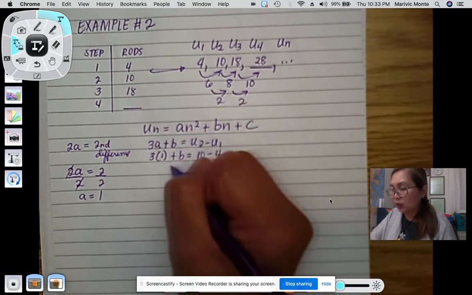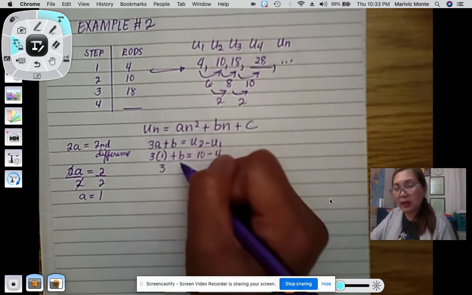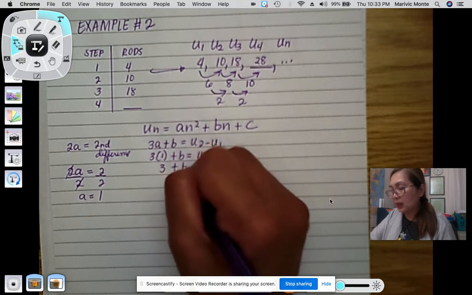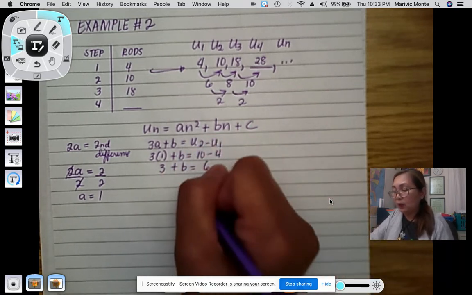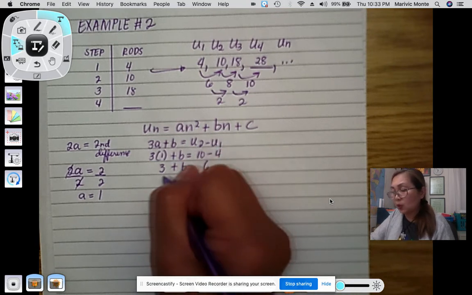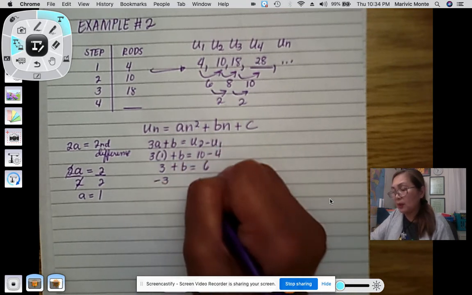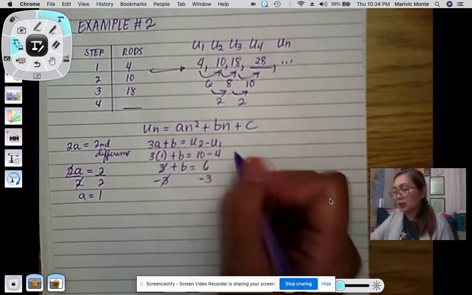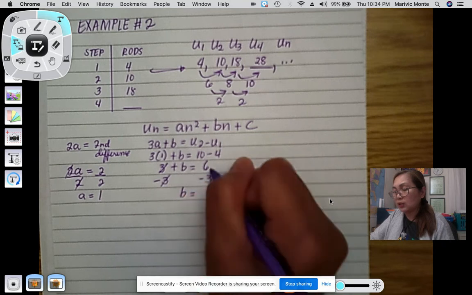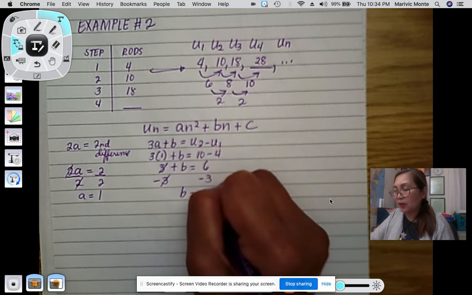Simplifying the equation, we have 3 times 1 is 3, plus b equals 10 minus 4 is 6. We want to get b by itself, so we get rid of that 3 by subtracting 3 from both sides. This cancels out, and we have b equals 6 minus 3, which is 3.